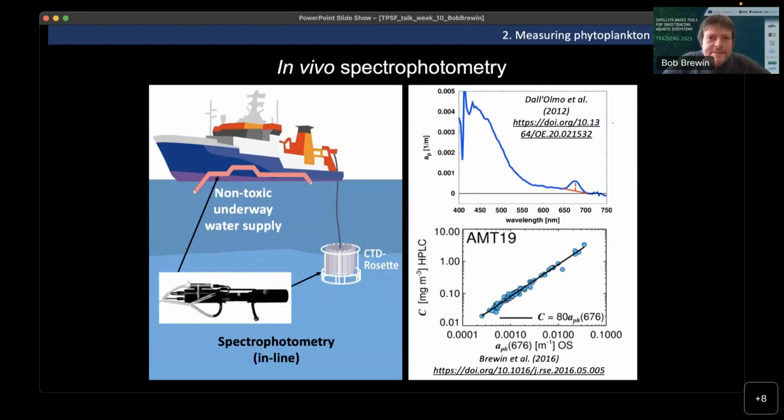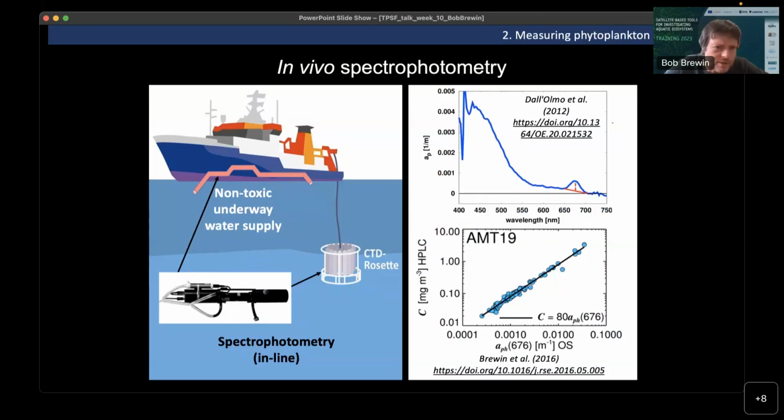Now, in more recent years, another technique is increasingly being adopted, and that is in vivo spectrophotometry. So here you use a spectrophotometer in line.